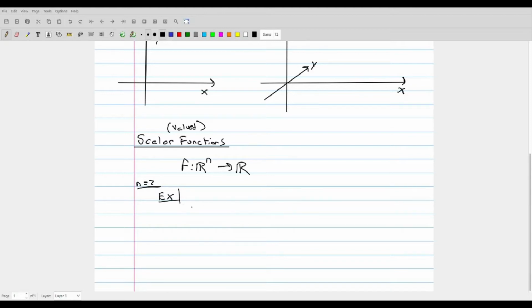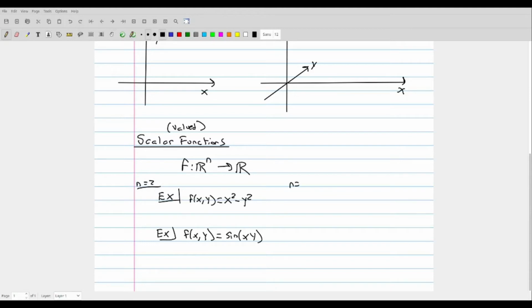You can come up with a number of different examples, but we'll just do f(x, y) equals x squared minus y squared, or say f(x, y) equals sine of x times y, and you can come up with a number of other examples. Same thing for n equals 3.